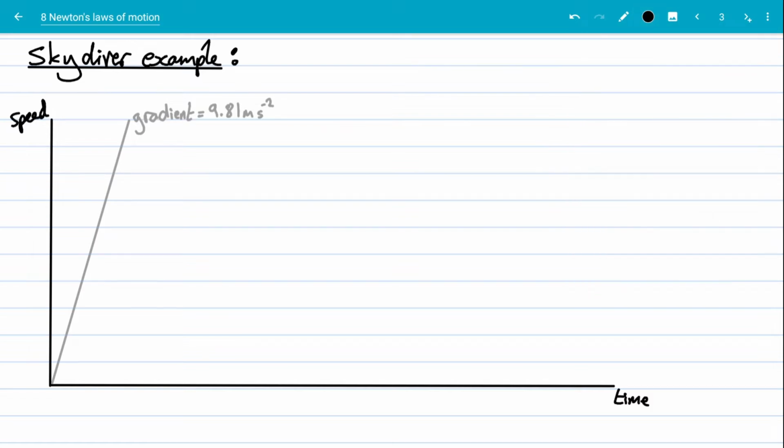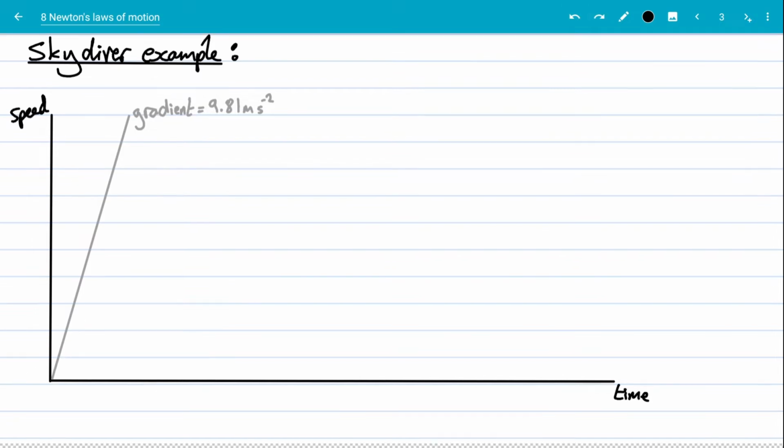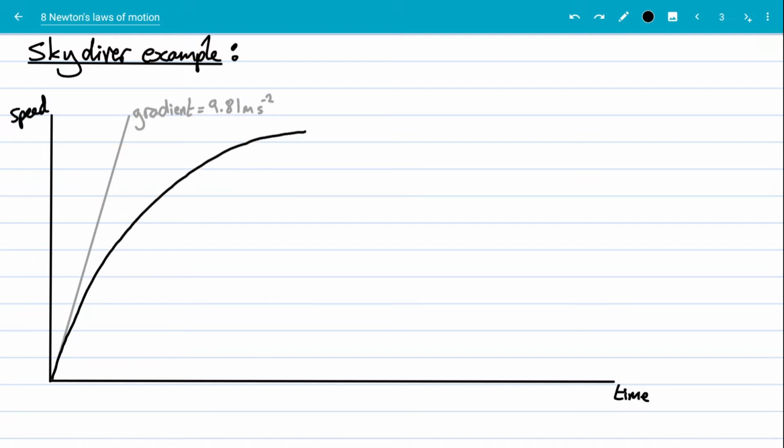So the skydiver jumps out and their speed is going to start increasing at the rate of that grey line. I want it to have the same gradient initially. There we are, that's better. And then it goes up to some sort of maximum, like that.